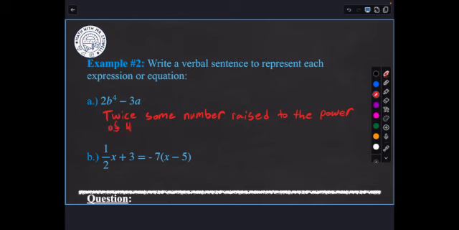And I'm going to actually just write out 4. Subtracted by the product of 3 and a different number.